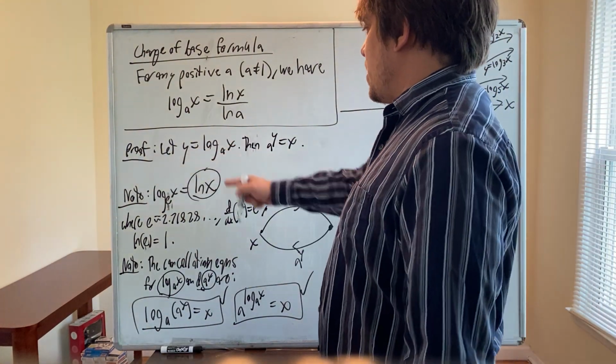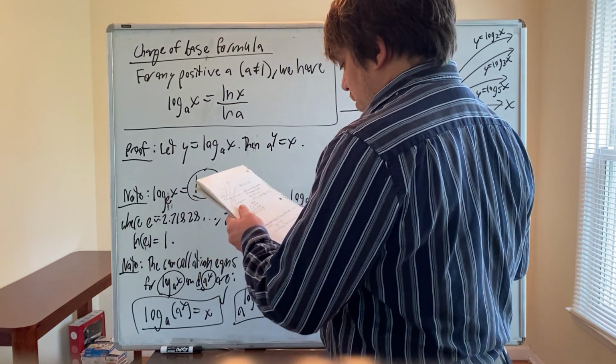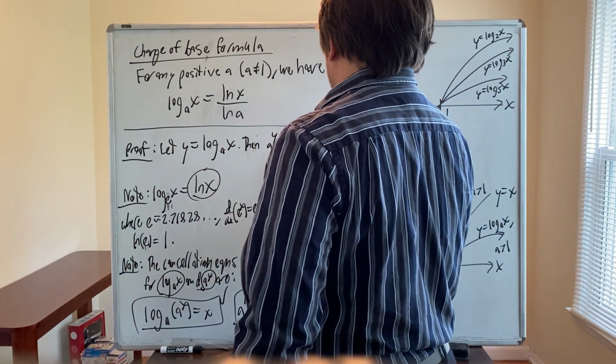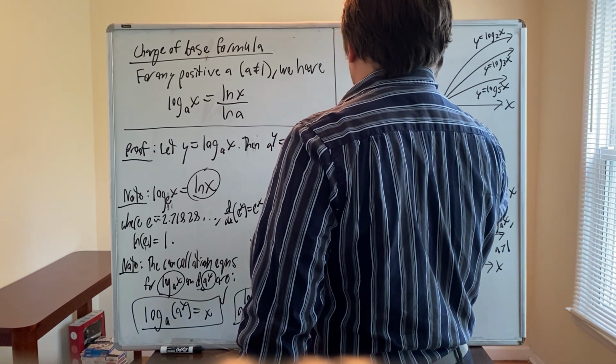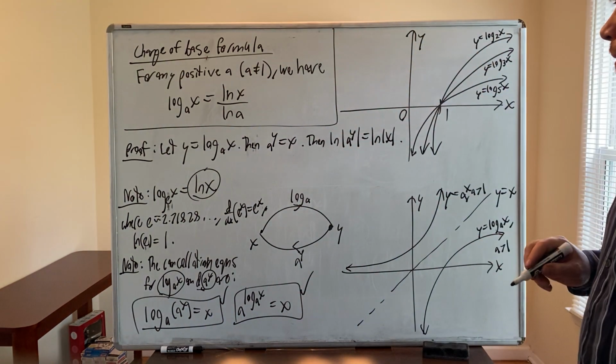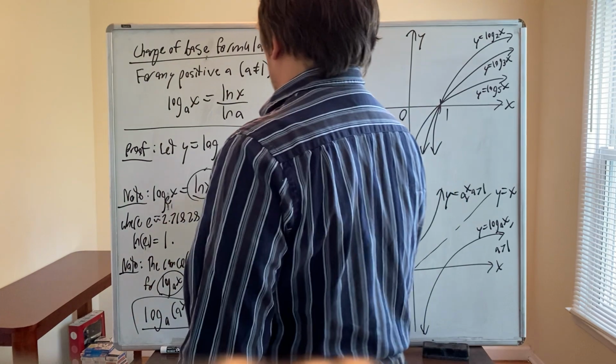So if y equals log base a of x, then a to the y equals x. Then ln of the absolute value of a to the y is equal to ln of the absolute value of x, taking the natural log of both sides.